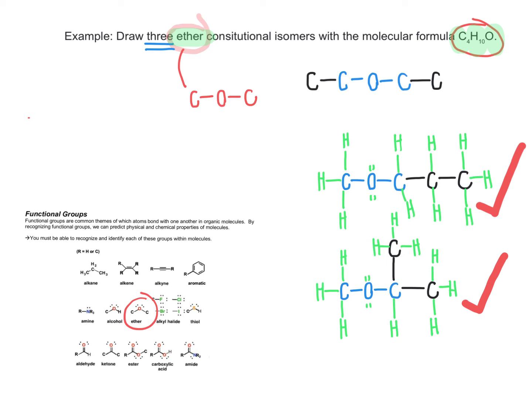Last but not least, up at the top right corner, filling in the hydrogens as we have done before to give a complete octet on all the carbons. Every carbon gets 4 covalent bonds, not more, not less. Filling those in all the way around, filling in my hydrogen atoms there.